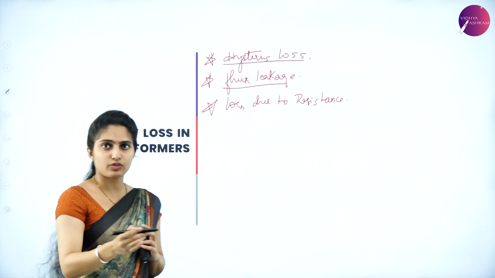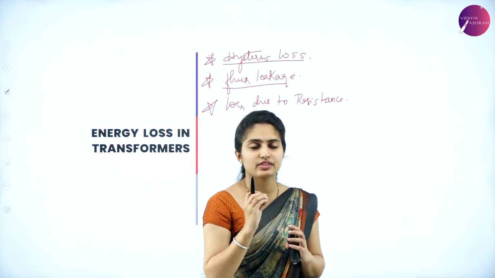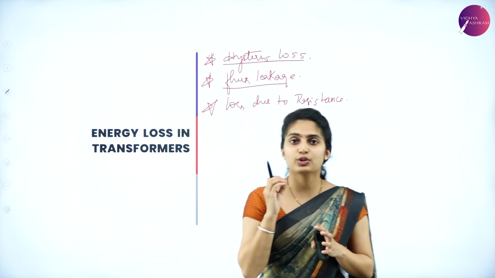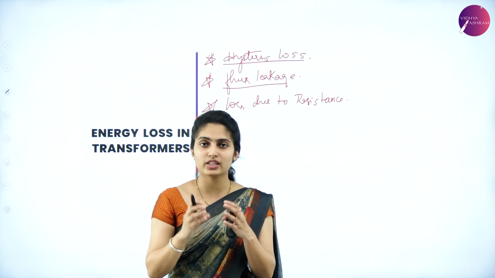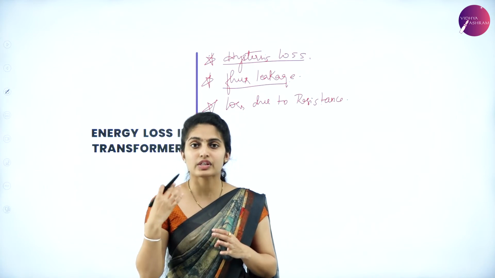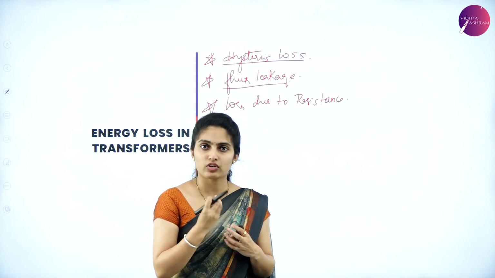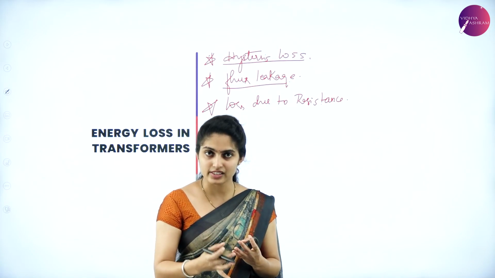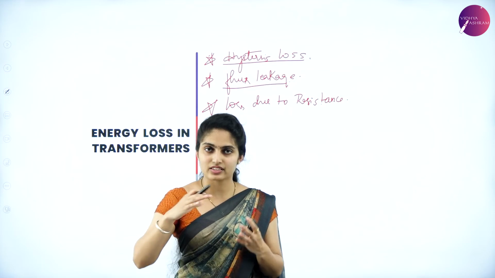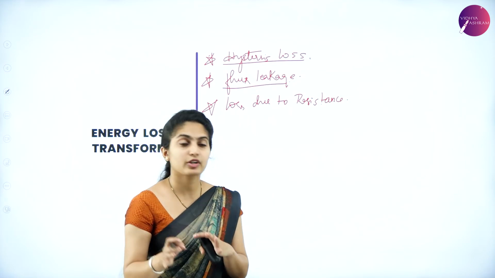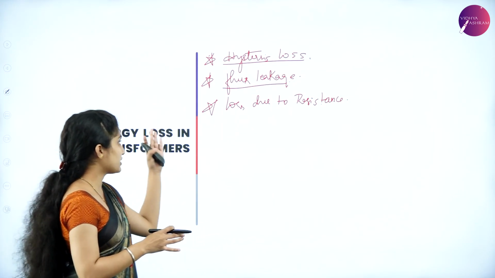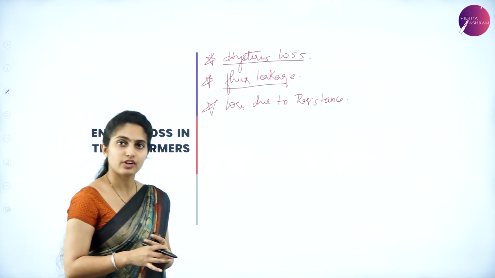The windings are a conducting wire, which has some resistance, and as we had discussed, when a resistance is connected to an AC source, the charges flow alternately through the resistance, heat energy is dissipated, and because of that there is loss due to resistance. That is energy loss in transformers.